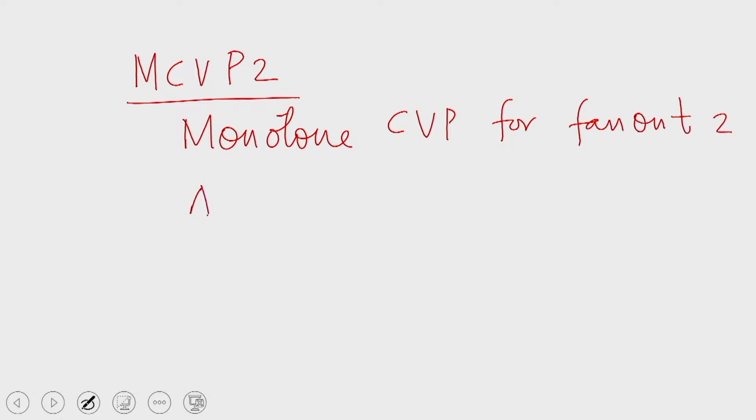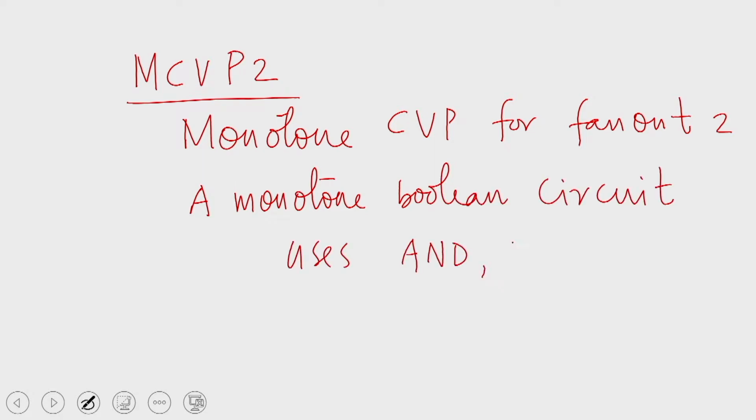A monotone Boolean circuit uses AND, OR gates but no NOT gate.